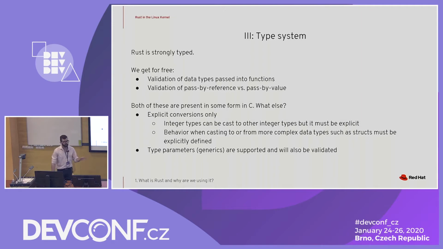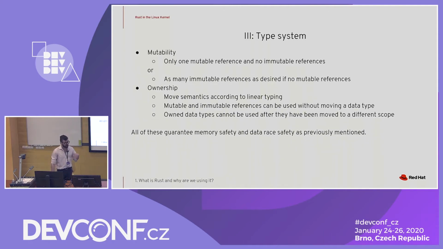So we're never going to have a wiggly typecasting system. We actually have to explicitly say how we're going to convert from one type to another. And so this really avoids some undefined behavior that could pop up. We're going to have type parameters, or generics as they're known in a lot of other languages. This is also validated and supported by the compiler.